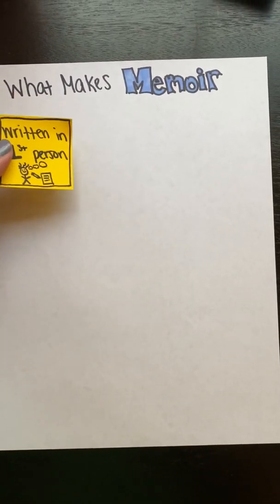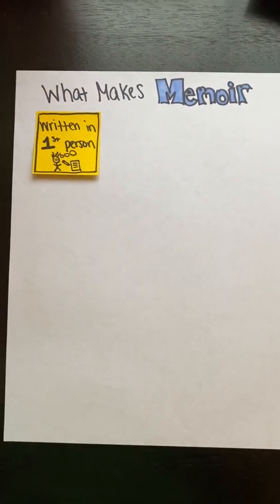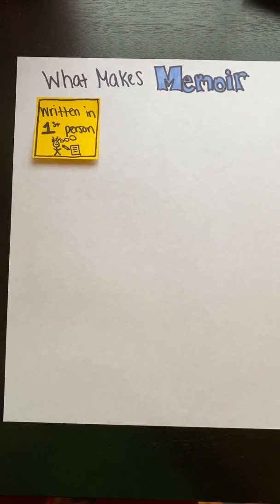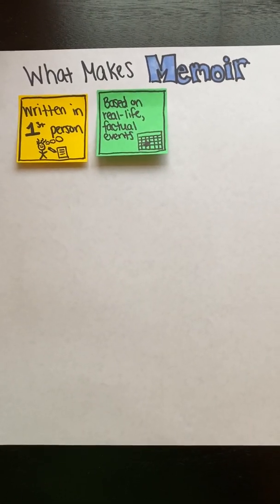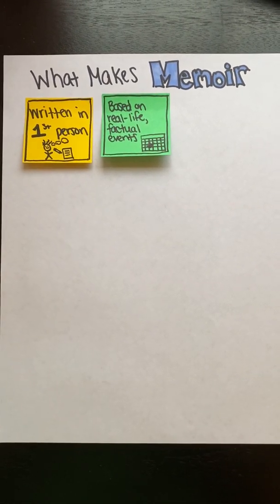So the first one is that memoirs are written in first person because they are written by an author about something in their life, which brings me to my next point that a memoir is based on real life factual events. So an author writes a memoir based on something that really happened to them in their life.